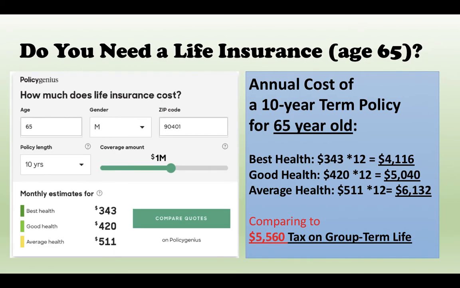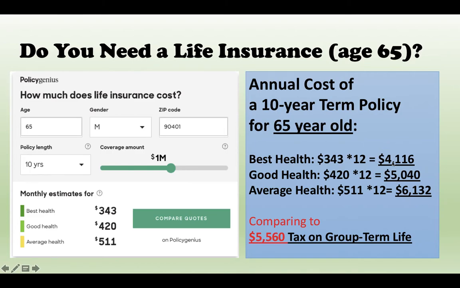I also show you if you are at age 65 and go outside to buy a 10-year term life insurance, with a 1 million death benefit, this is the monthly cost to you. On the right side is the annual amount.